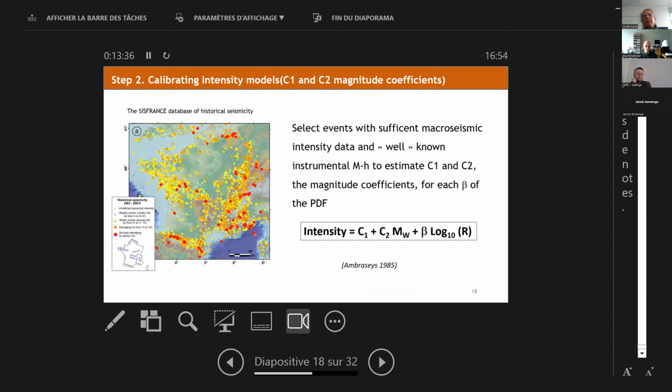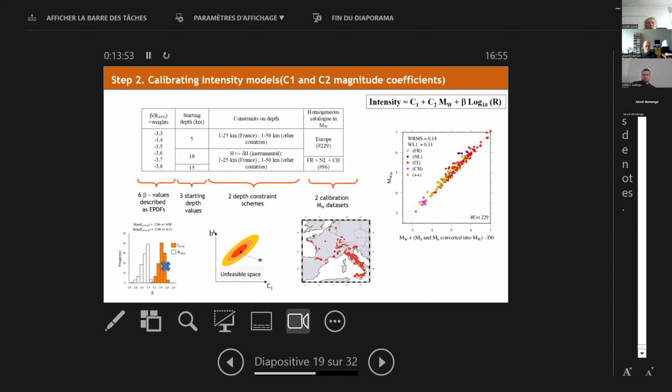And finding reliable instrumental magnitudes with reliable depths is not an easy task, but one has to be very severe about the criteria used in selecting these calibration events. So again, we have our distribution of beta values with their weights.